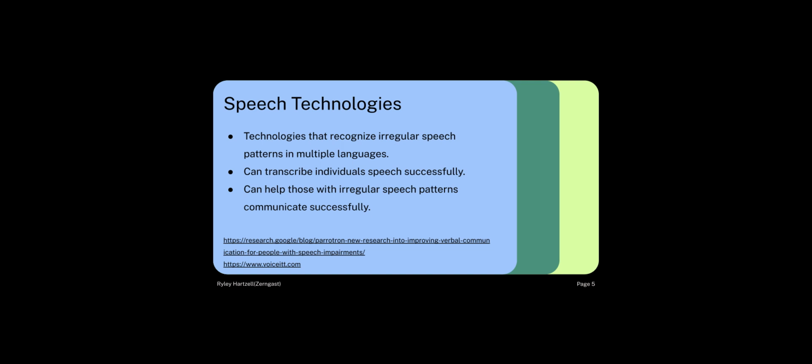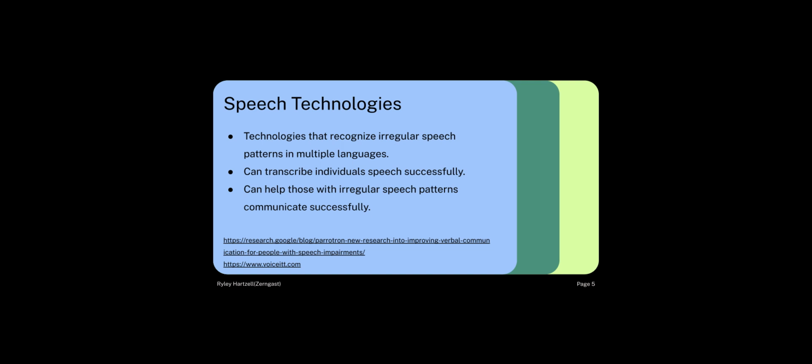Think of all those times that you've talked to Siri and it has said something other than what you said. These amazing AI technologies can help decrease the frequency of incorrect transcribing. So it is a really big win for those that have irregular speech patterns and are trying to communicate.